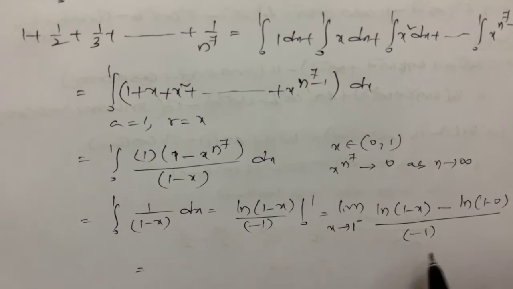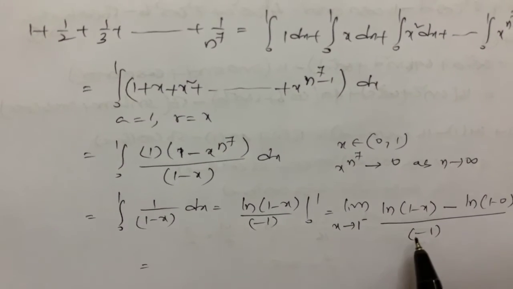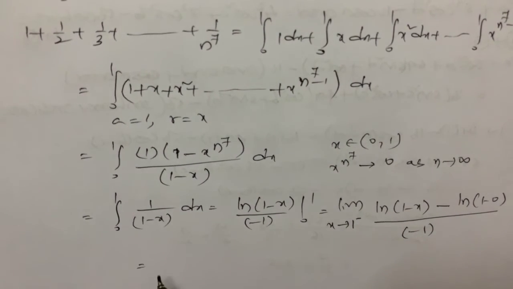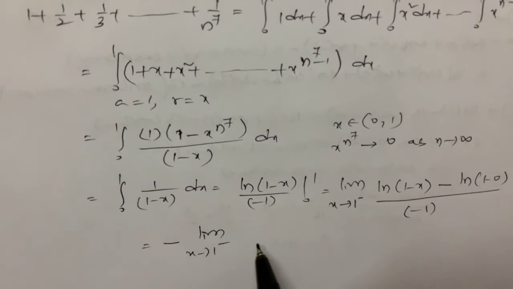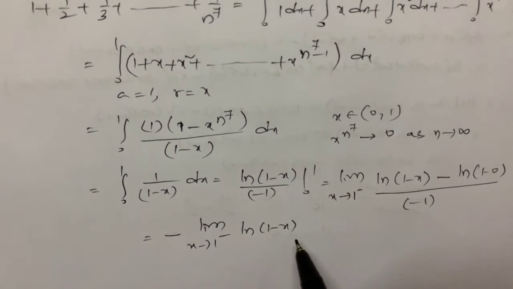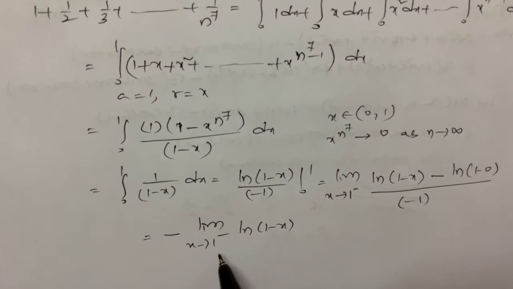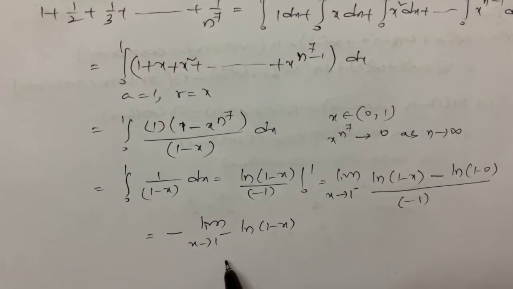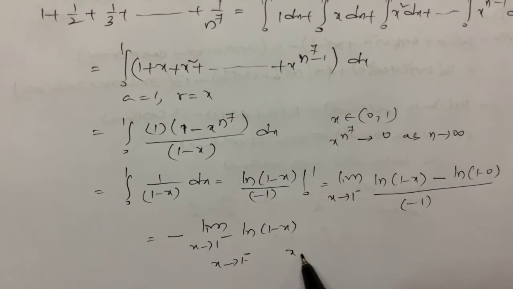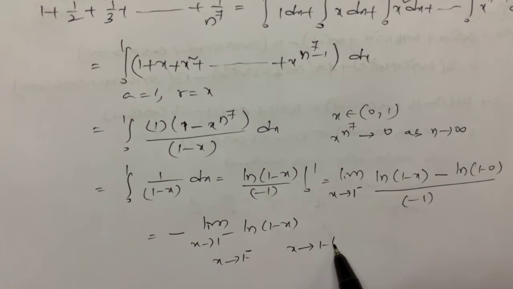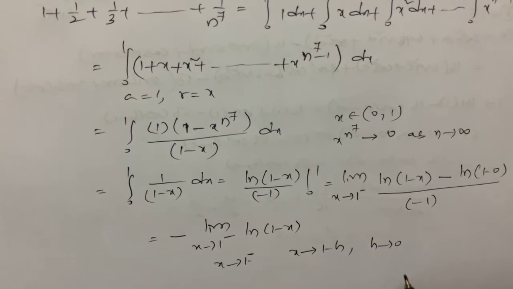Since ln 1 is 0, we have minus of limit x tends to 1 minus ln 1 minus x. Here x tends to 1 minus is nothing but x tends to 1 minus h as h tends to 0.